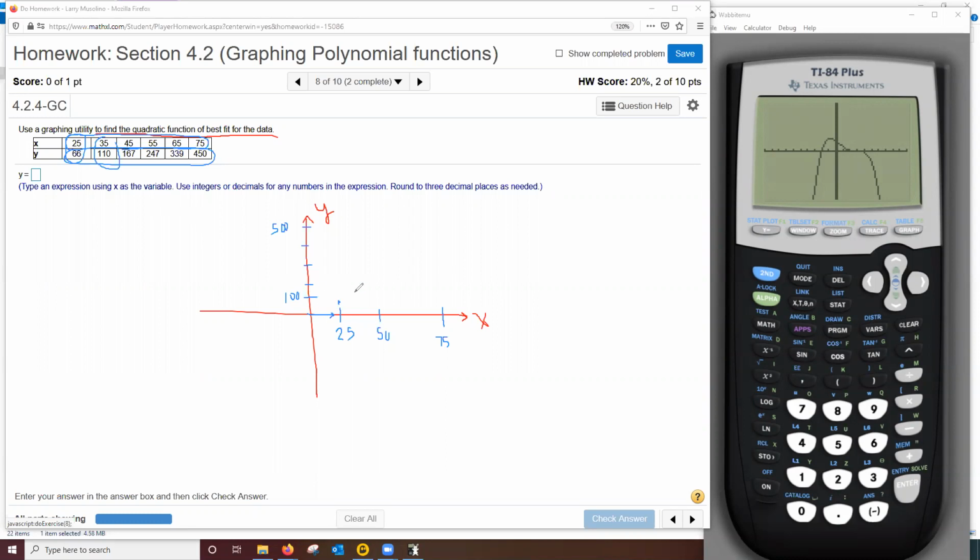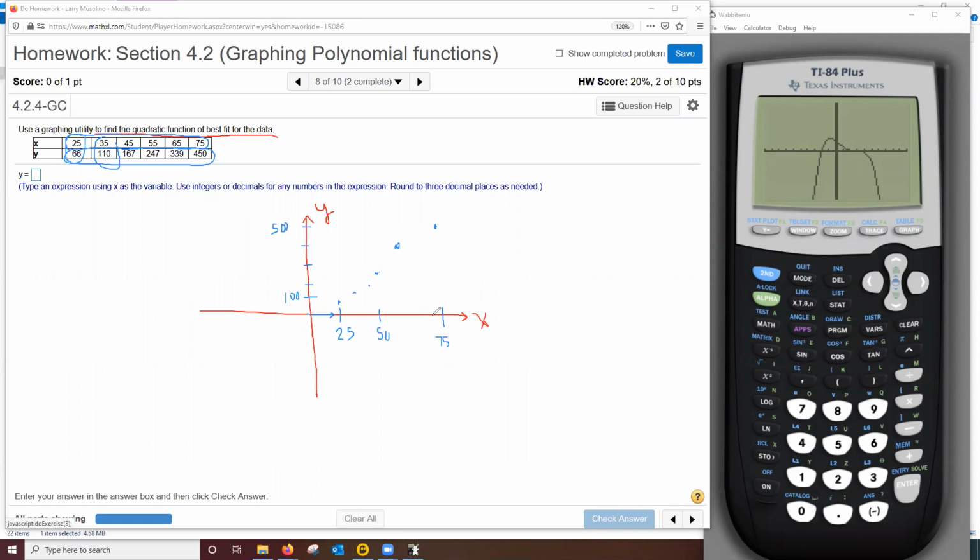So 35, 110 might be here. 45, 167 might be here. 55, 247 might be here. 65, 339 might be up here somewhere. And then 75, 450 would be up here somewhere.